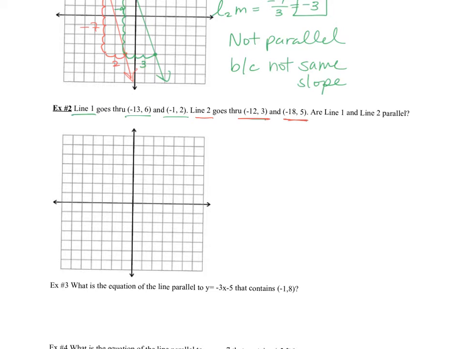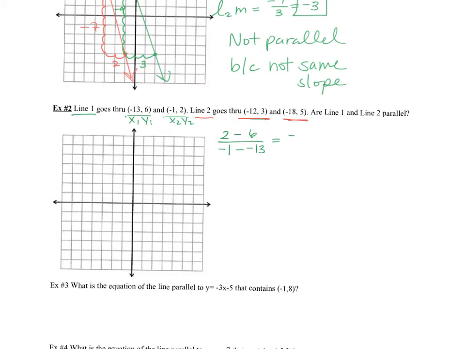So I'm not going to graph this one. I'm just going to find the slope on this one. So for this first one, if we call this x1, y1 and x2, y2, we would go y2 minus y1 over x2 minus x1.